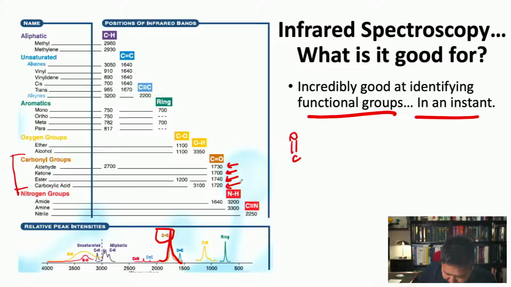So you see a peak there between 2000 and 1500, around 1700. You know for a fact that you have a carbonyl compound present, some kind of carbonyl.